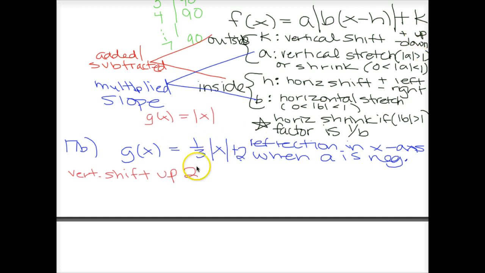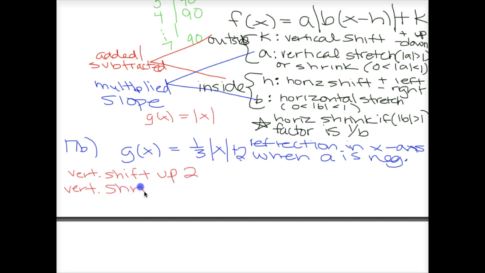The only other thing that's different is this 1/3. So that 1/3 is multiplied and it's in front. So that means it's an A value. So it's either a vertical stretch or a vertical shrink. Again, if you're not sure and you want to wait till after you graph it, that's fine. I do know these for vertical, and I know that because 1/3 is between 0 and 1, that's going to be a vertical shrink.